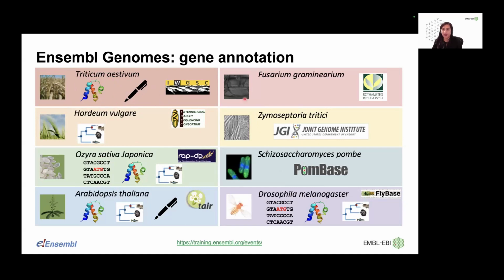So this differs by the species. And if you want to find out which institute performed the annotation for the species in Ensembl Genomes, all you need to do is go to the species page and you'll see which institute or which group provided the annotation.